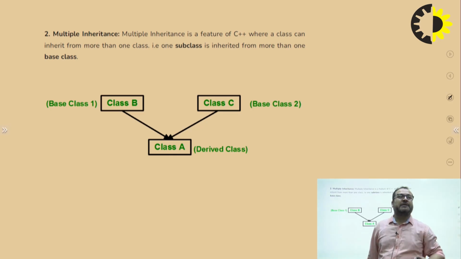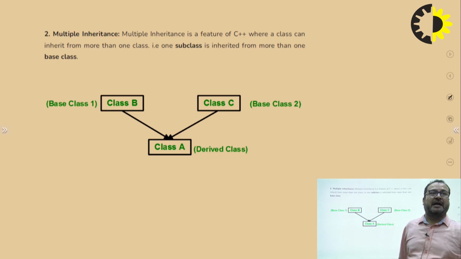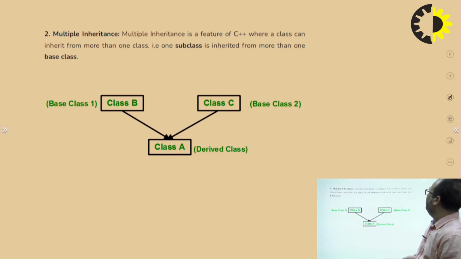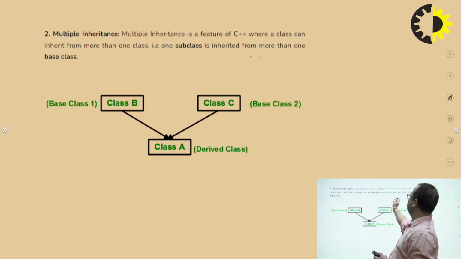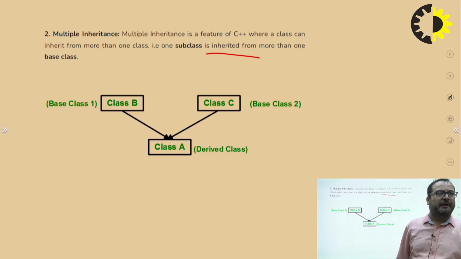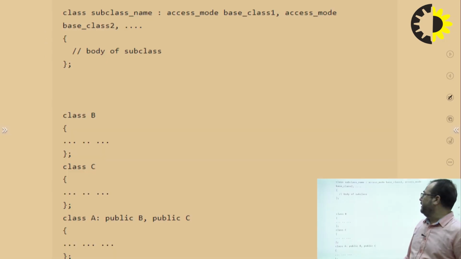Next is multiple inheritance. Multiple inheritance means there is more than one base class. If a class inherits more than one class, then this comes under multiple inheritance. Multiple inheritance is a feature of C++ where a class can inherit more than one class. This is the example.